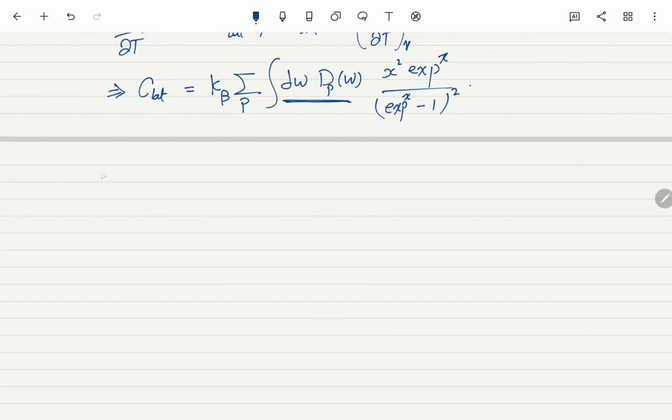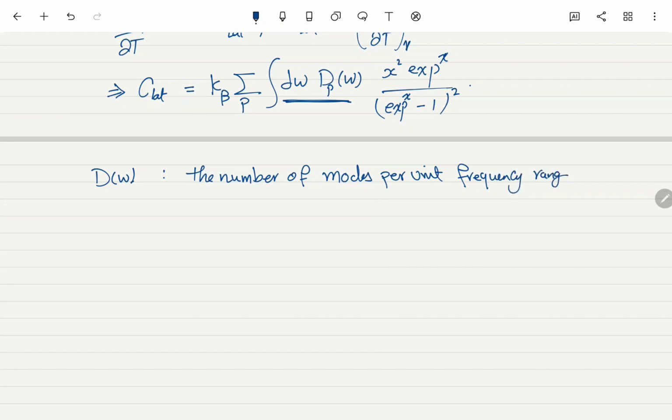Now dω here is defined as the number of modes per unit frequency range. So it's called the number of modes per unit frequency range. Or in other words, it's called density of states.